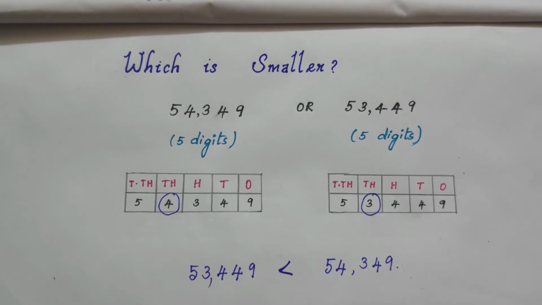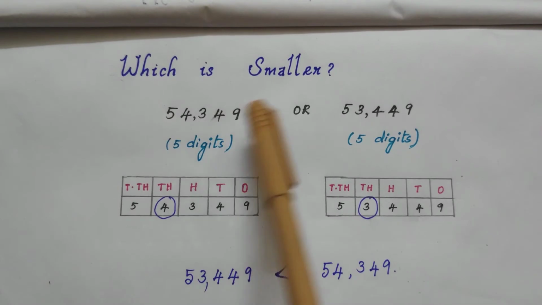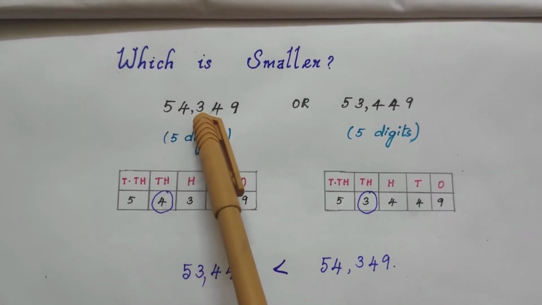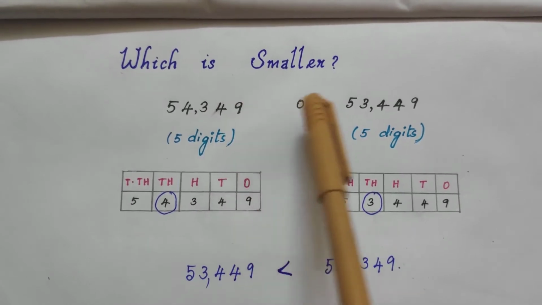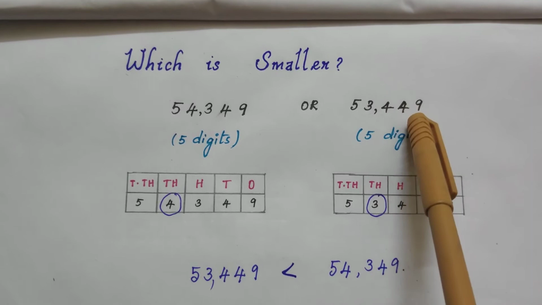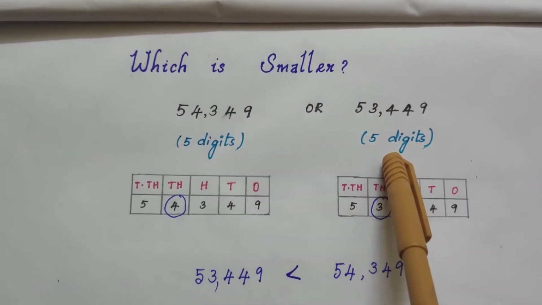Now, we will see how to find smaller number. Here, two numbers are given. One is 54,349. The second number is 53,449. Both the numbers are 5-digit numbers.